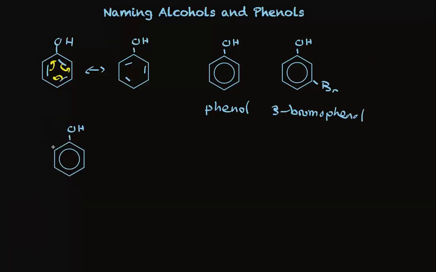If we have substituents here and here, we number so the lowest number comes first as we go around the ring to find substituents. And this is called, in alphabetical order, 5-bromo-2-methylphenol.